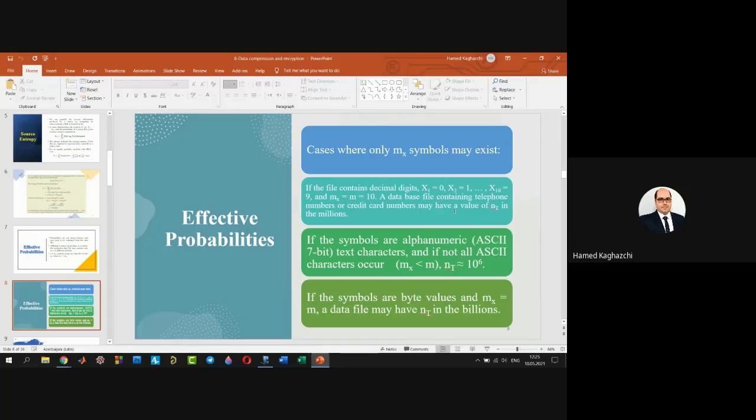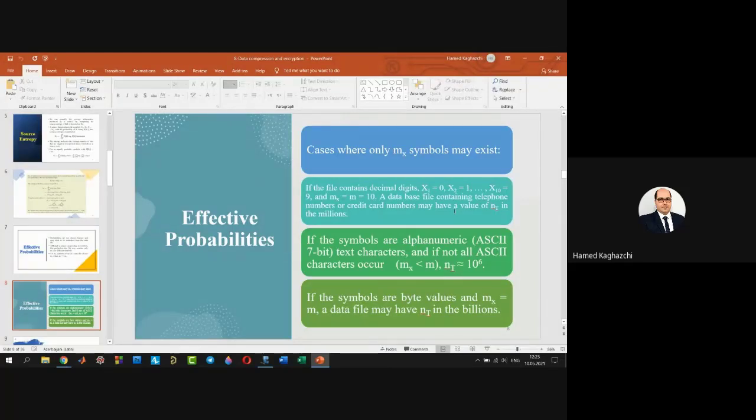Why? Because my different symbols are 0 up to 9, so I have 10 symbols. mx is equal to 10. So this file contains nt size, for example, 1 million.